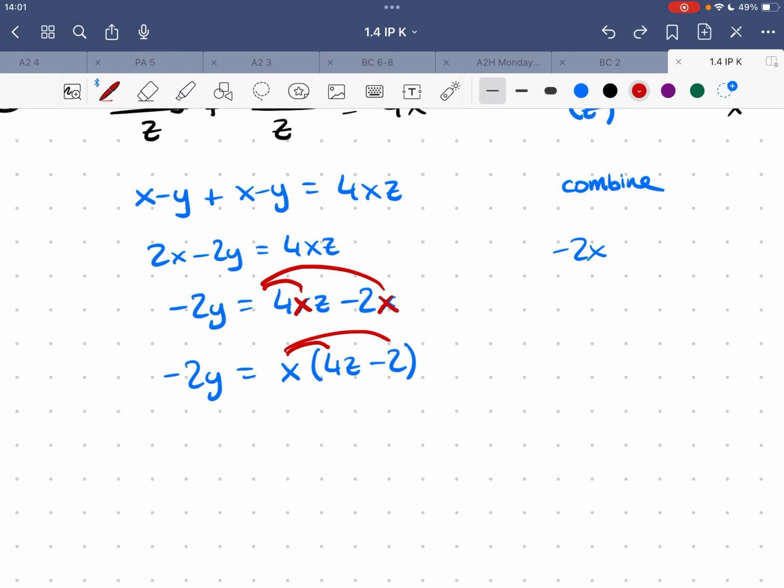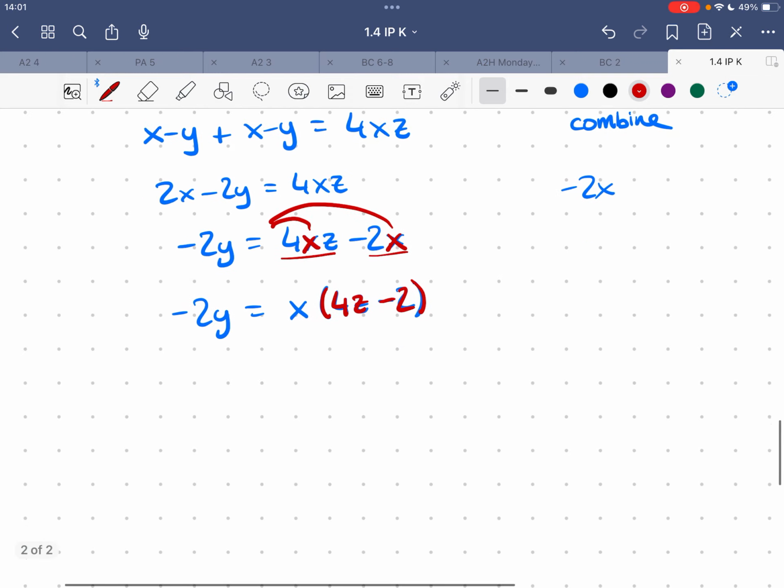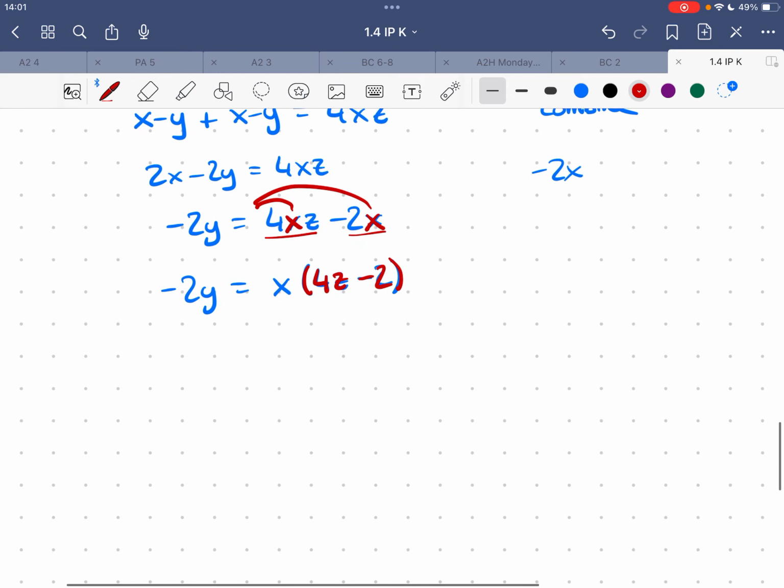So factoring is anti-distributing. I'm getting the x out and then writing in this parenthesis what I get from dividing this by x, because the x is now on the outside, and what I get from dividing this by x. And that's how you find that. And once we've done this factoring, there's only one x.